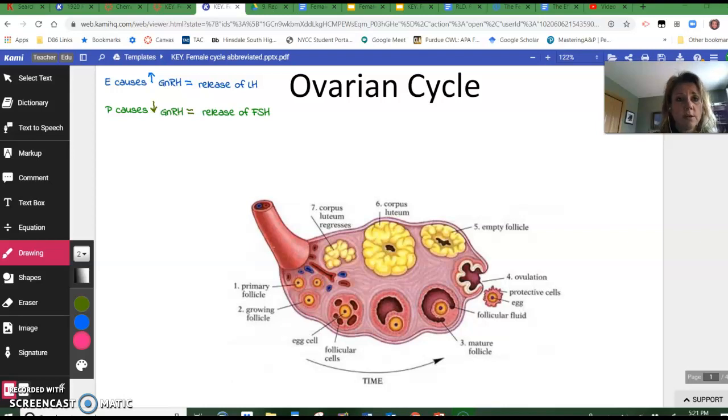So before we start, there are a couple of things that I included up at the top left corner here. E stands for estrogen and P stands for progesterone. So estrogen in high concentrations is going to cause an increase in the release of GnRH, gonadotropin releasing hormone, from the hypothalamus, and that high amount of GnRH is going to stimulate the release of luteinizing hormone from the anterior pituitary gland.